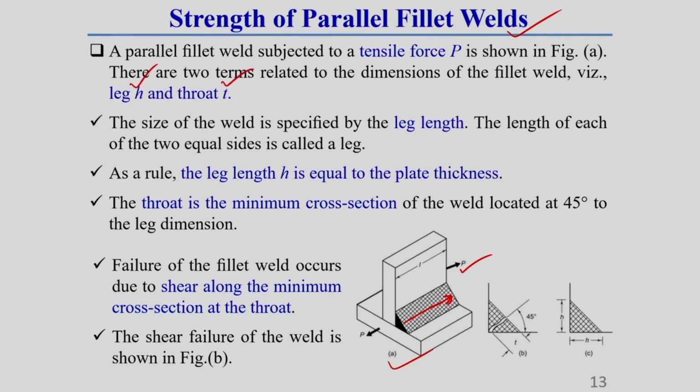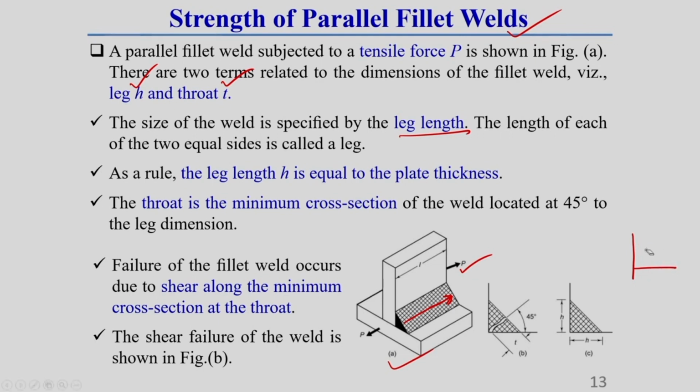The size of the weld is generally specified by the leg length, and the throat thickness is a very important parameter, since most failures in a fillet weld joint occur there. That is why t is also an important dimension. But the fillet size is generally specified by the leg length s. The length of each of the two equal sides is called the leg. Let this be a fillet weld, which I am showing here.